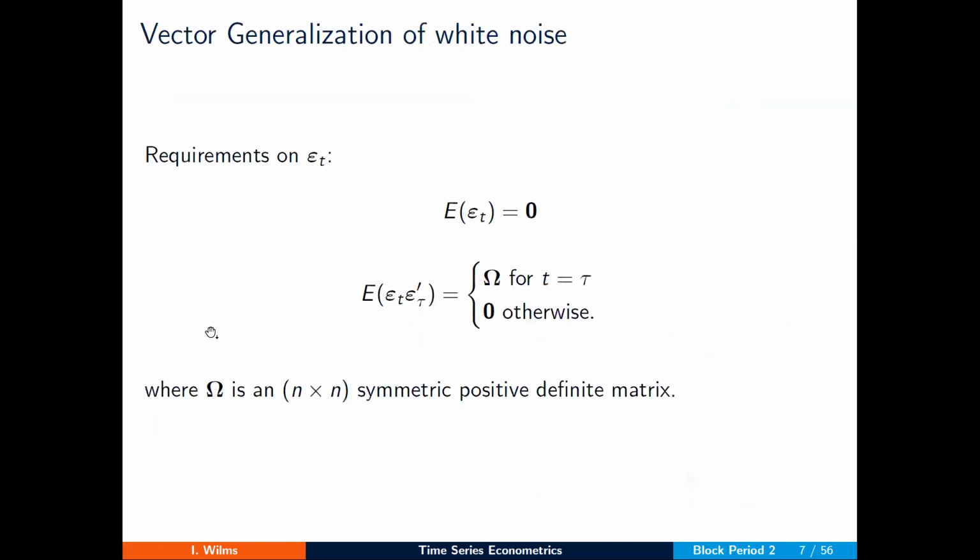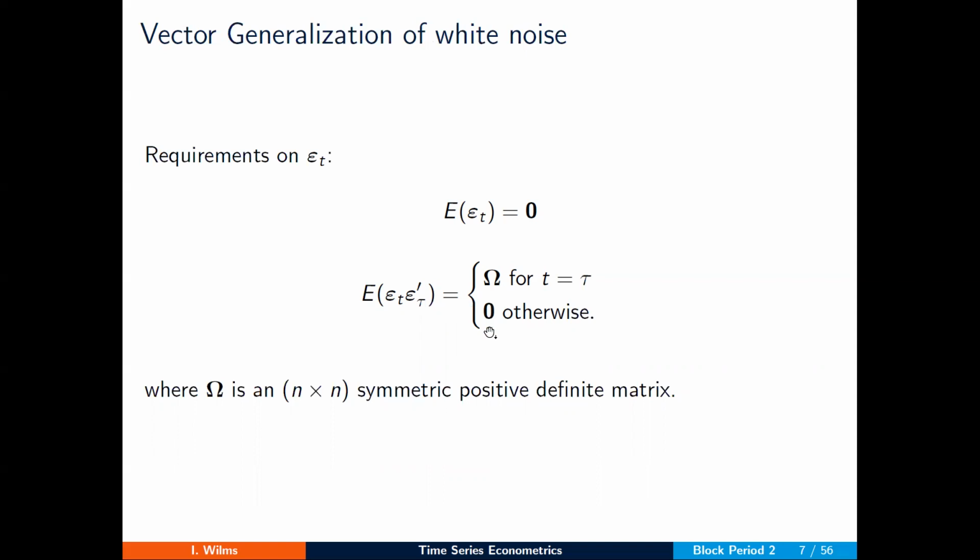Now, in the multivariate VAR model, we need to consider also a vector extension of our white noise concept. We still require the expected value of the error terms to be 0. And there is contemporaneous, instantaneous correlation allowed between the error terms as captured through this matrix omega, which is a symmetric matrix of dimension n times n, but no serial correlation is allowed.